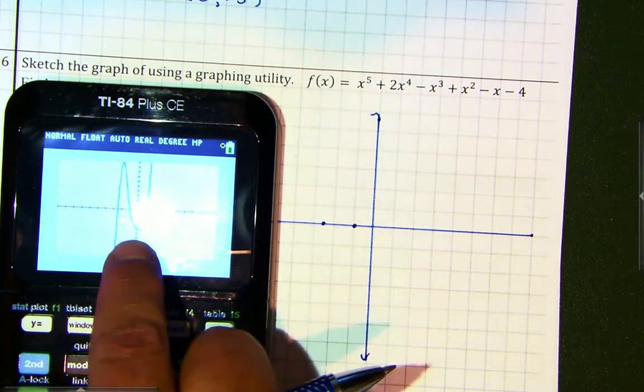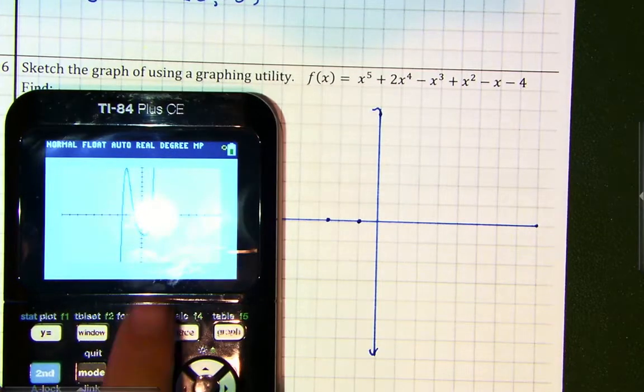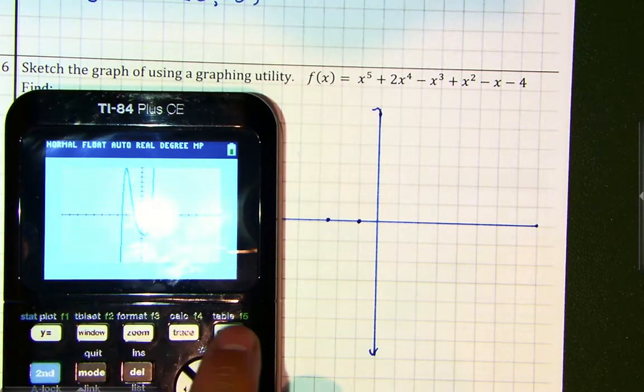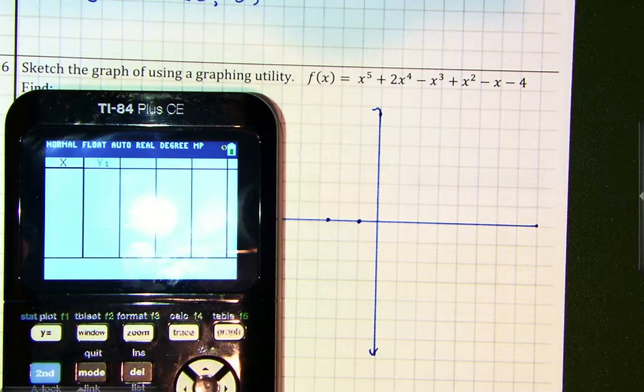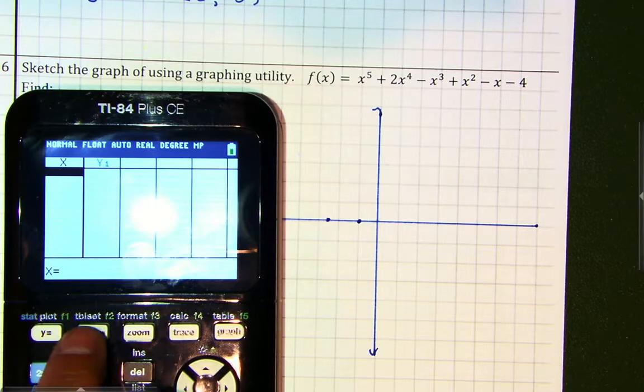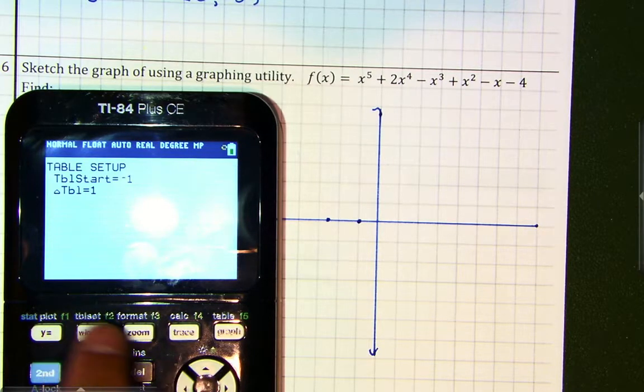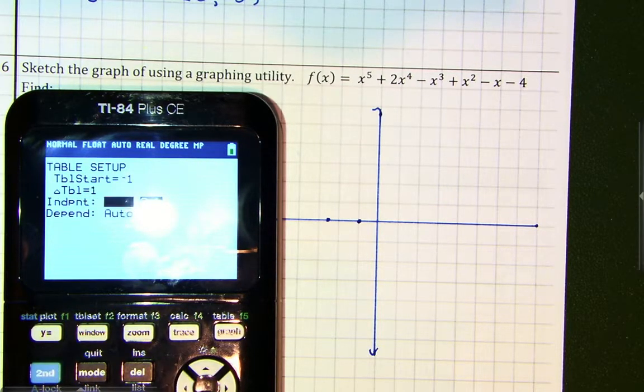Now, if I want to find out what point is there, I can also use the table. So we'll go second table settings, and you want to do start, auto, and auto, and then I want to start it at -5, and this should be 1. So you should have those settings.